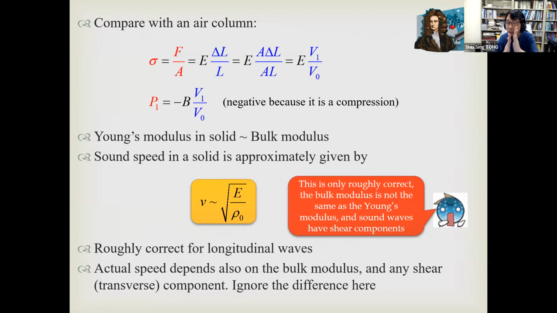The matter can have a shear component, and the shear component can propagate the vibration forward. That shear component requires another treatment, and it's not included in this formula. So this formula is only approximately correct, and it's only correct for longitudinal sound waves in the solid, okay?